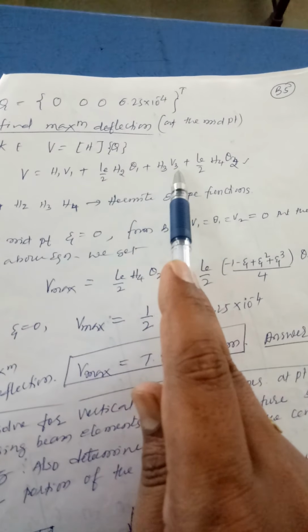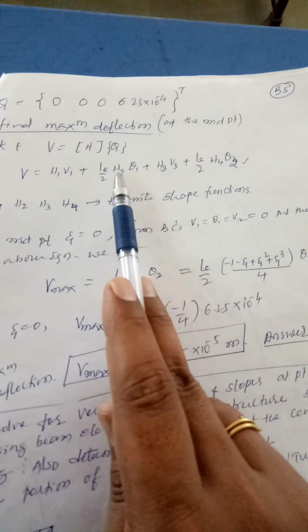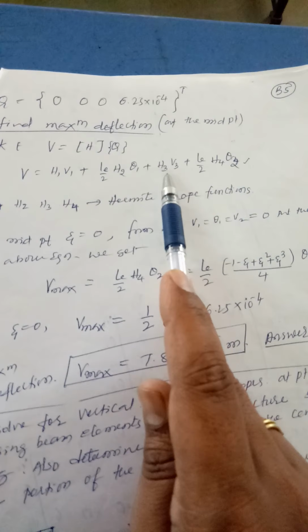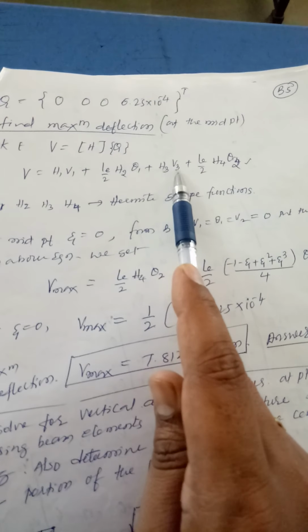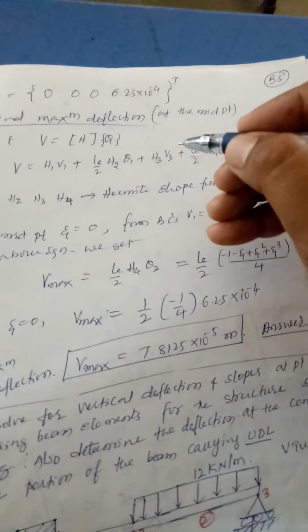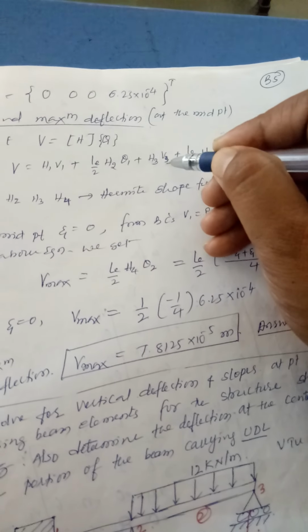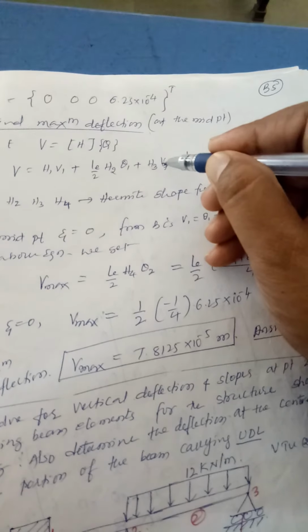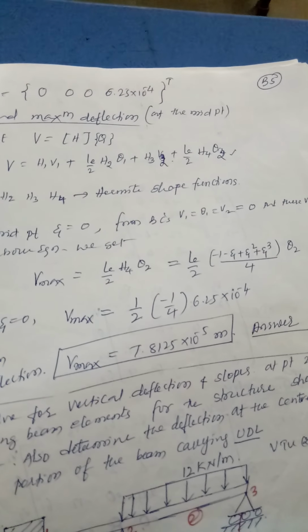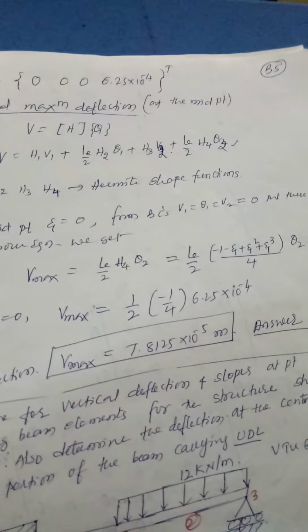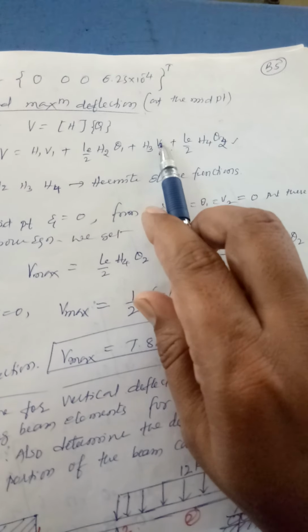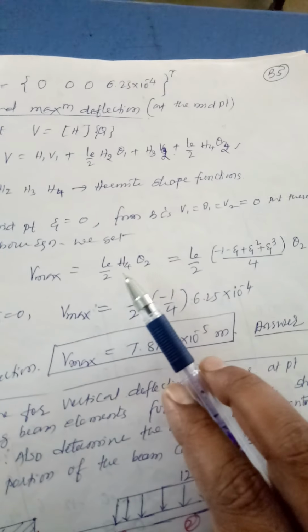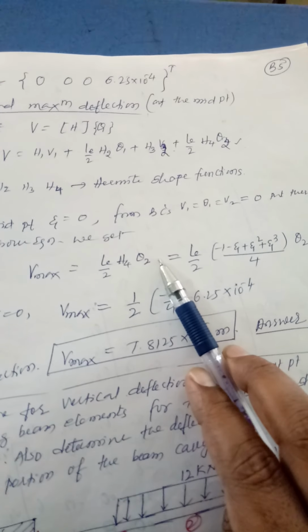V2, if you substitute 0, this becomes 0. So only this factor exists: LE by 2 H4 into theta 2.